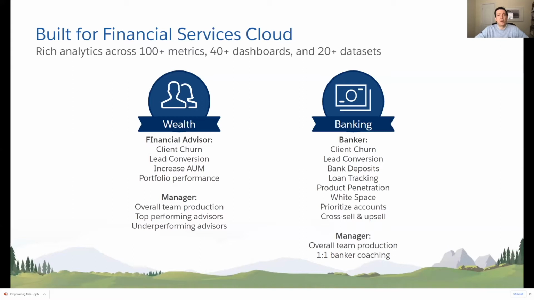It covers over 100 KPIs across 40 dashboards and 20 data sets. And it's focused on two main personas, really. We've got the wealth management side, with the individual contributor, the advisor, and then the manager and how they run the business. And then on the banking side, obviously the same situation.